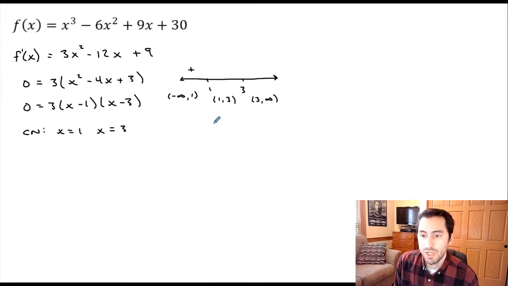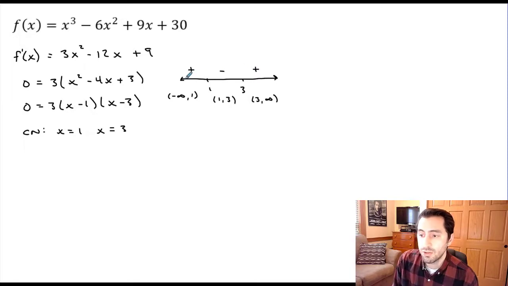So this one would end up being positive because it's a number bigger than 1. But the second set of parentheses would be negative because the number is still smaller than 3. So we have a positive number times a negative number, so we get a negative. And then lastly, if I pick out a number bigger than 3, we'll have a positive times a positive. So that means our function's increasing on this interval.